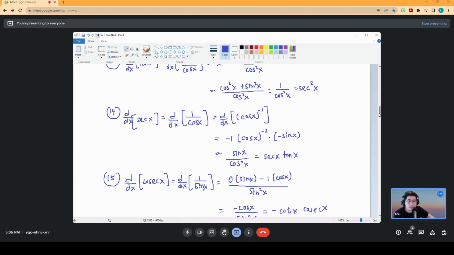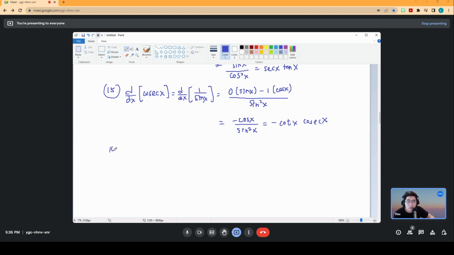Number 16. I have cotangent x. Cotangent x we read as cos over sine. So this one we just apply the quotient rule: differentiate the top, keep the bottom, minus keep the top, differentiate the bottom, over the bottom squared.